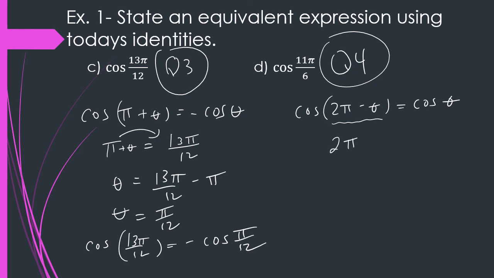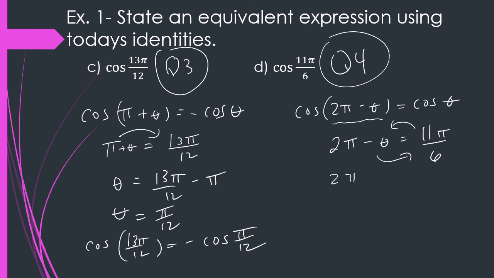So just like the last example, see 2 pi minus theta. They gave that to us. It's this, 11 pi over 6. To solve for theta, to make it a little bit less complicated, I don't want a negative theta. Bring this over and then bring the negative theta over, becomes positive.